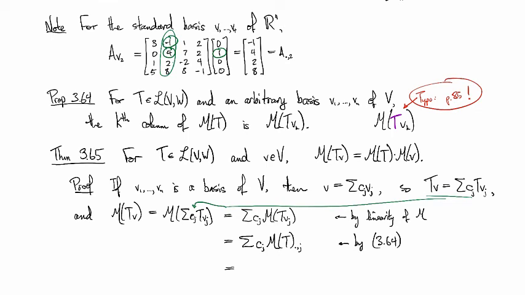And then this is by definition the product of the 2 matrices, where we do matrix multiplication, and that's by 352. And we're done.